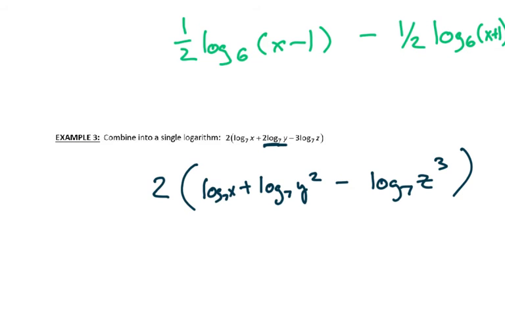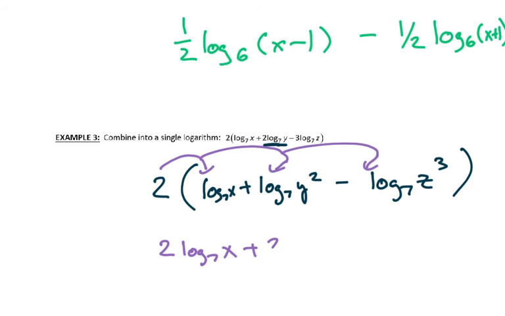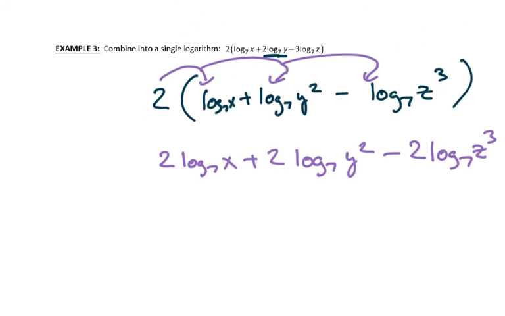Next, I'm going to distribute the 2 into each of these. And so we're going to get 2 log base 7 x plus 2 log base 7 y squared minus 2 log base 7 z cubed.